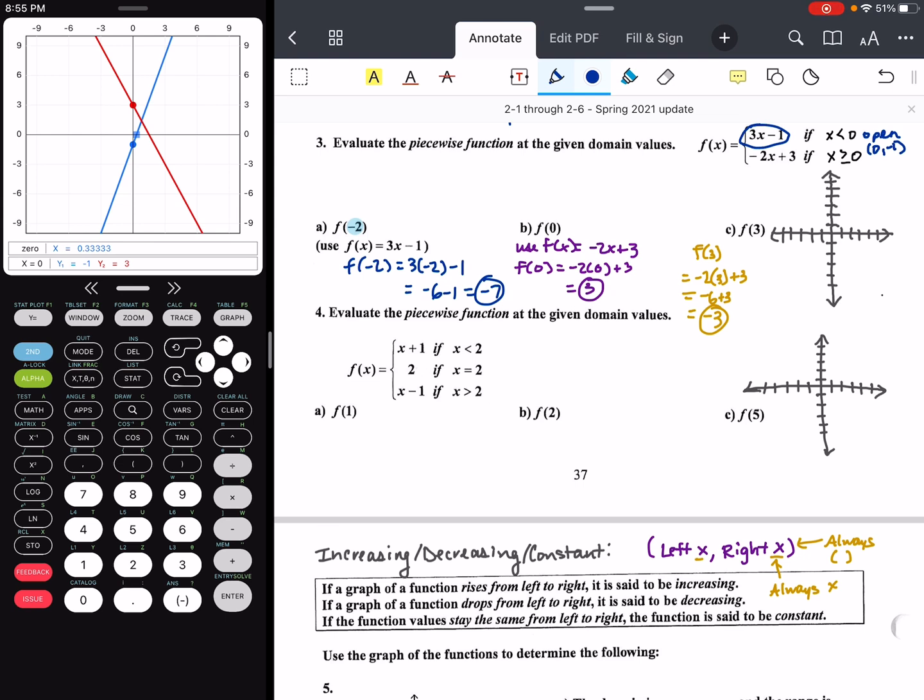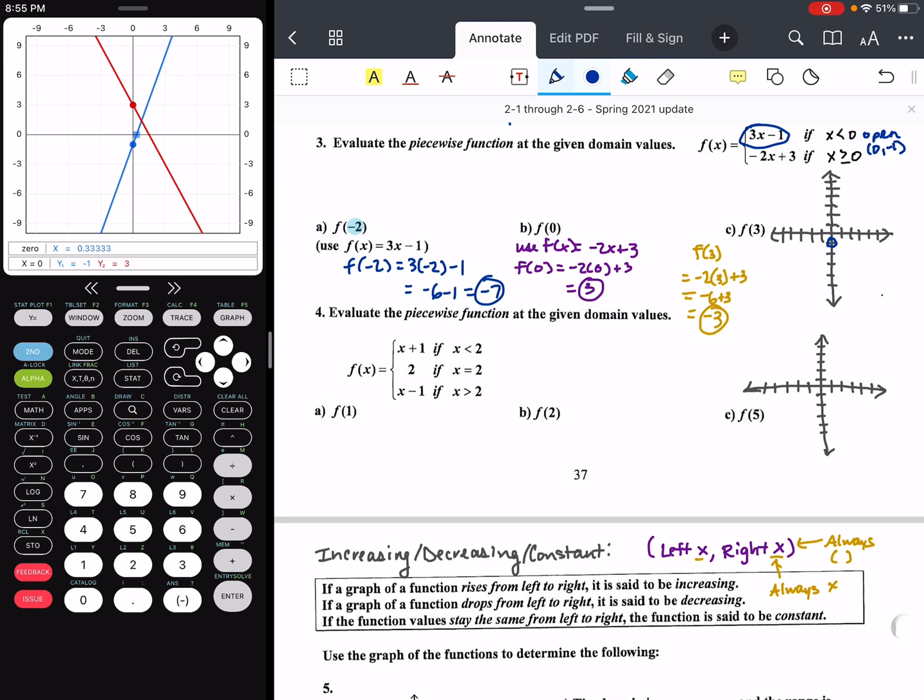So right at 0, negative 1, I'm going to put an open circle. That means that this point doesn't exist on the function. And then I'm going to continue down. So from this point, I'm going to go down 3 and to the left 1, following the slope. So down for negative 3, to the left for negative 1. That's equivalent to a positive 3 slope.